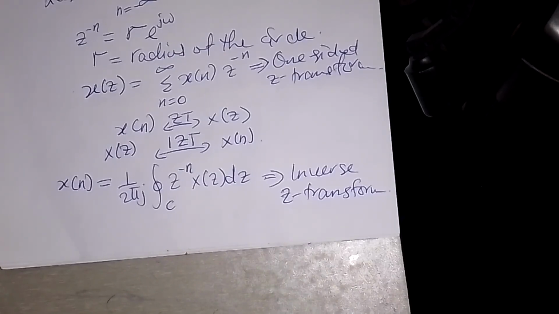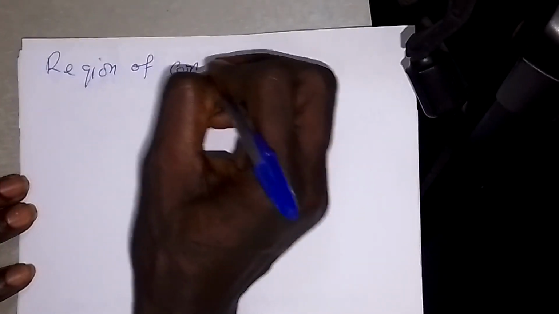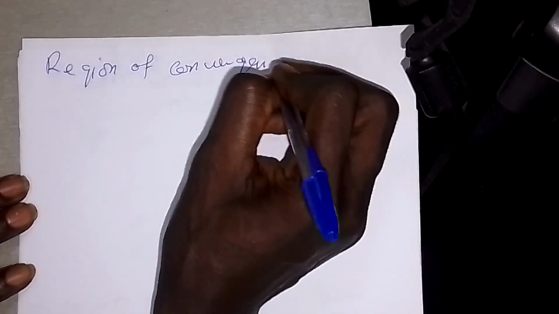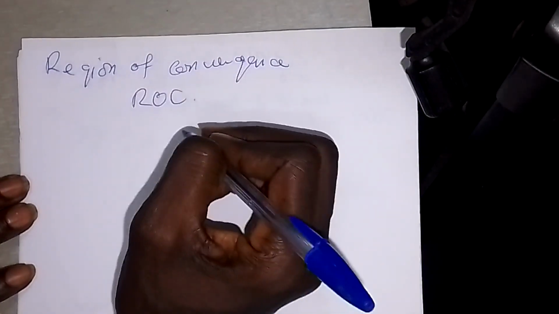One particular important thing that we have to know with respect to the Z transform is the region of convergence. This is just like the Laplace transform, region of convergence, ROC.